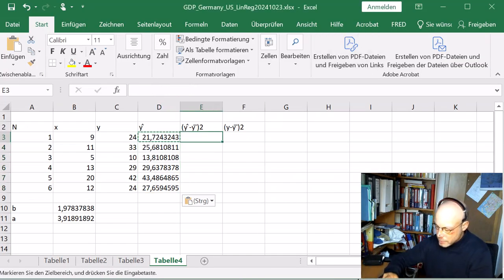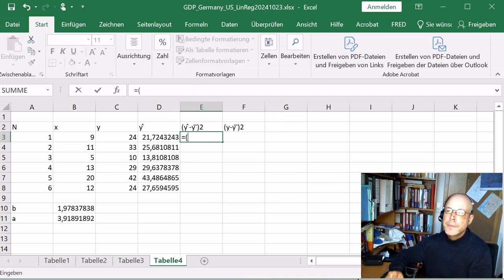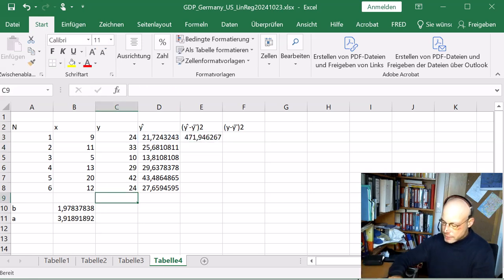So what we are calculating then is the hypothetical value minus the mean. The mean I didn't calculate yet. This I will do just here. And then squared. And in order to copy this, we need to fix the mean. And then we need the mean here.